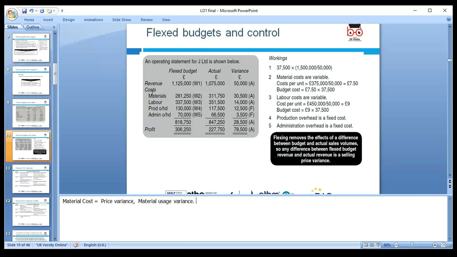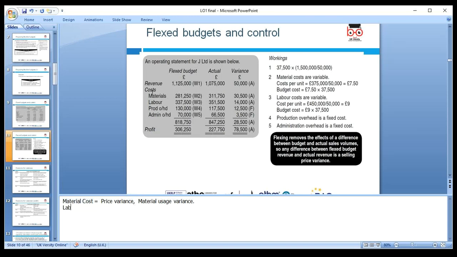Because maybe you got cheap material from China, and due to the low quality material, we have used more material, we consume more. But we have to look overall: is the variance favorable or adverse? If it's adverse, there's no point using low quality material. So we need to think about those lines and the causes of variance.